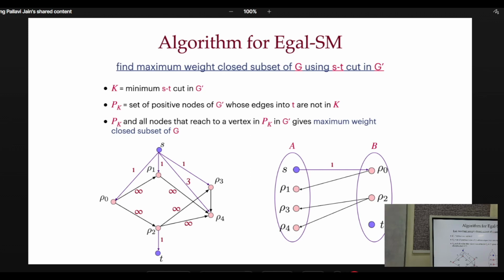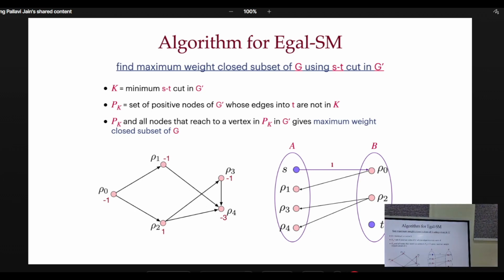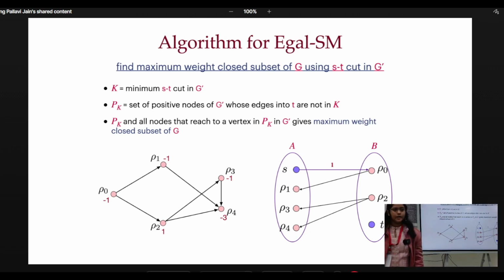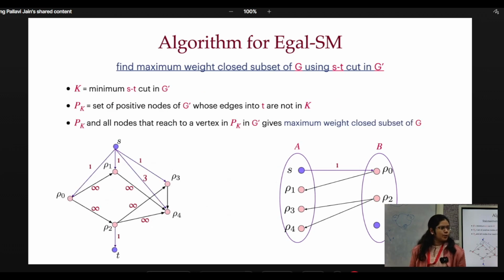Now if you look at this, what are we saying? PK and all nodes that reach a vertex in PK. Which vertex is that? Rho naught, correct? Rho 2 is my PK, and if you look at the graph, rho naught is the only vertex.